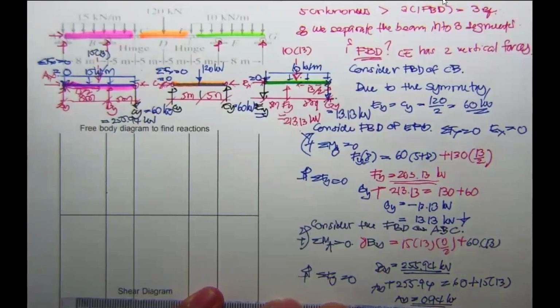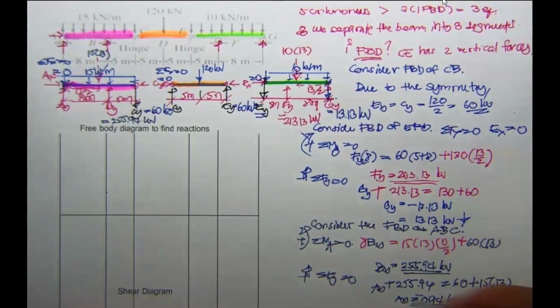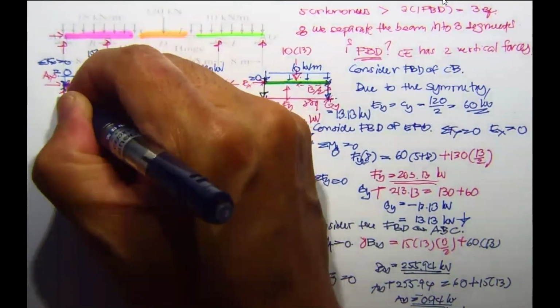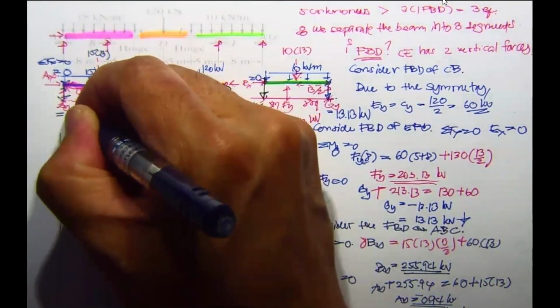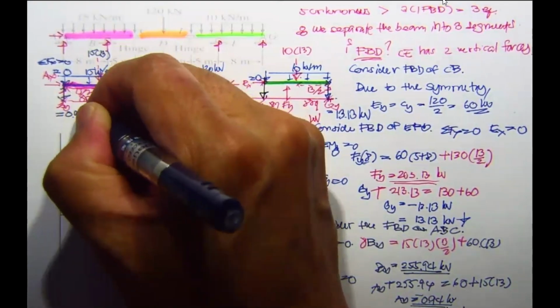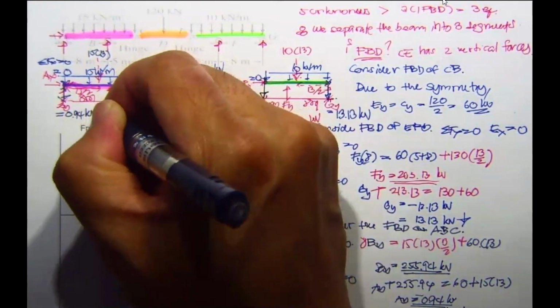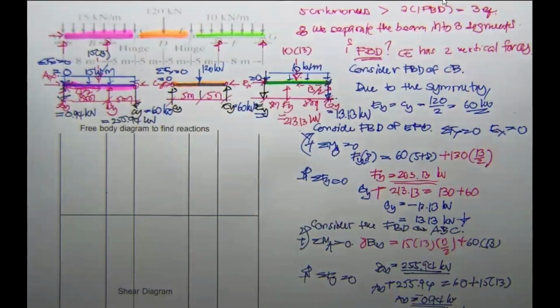A sub y is very small, and it's also negative. So A sub y is going to be 0.94 kilonewton downward. So revert this one to be downward, 0.94 kilonewton.